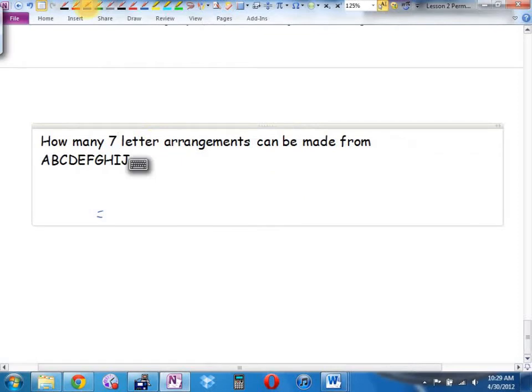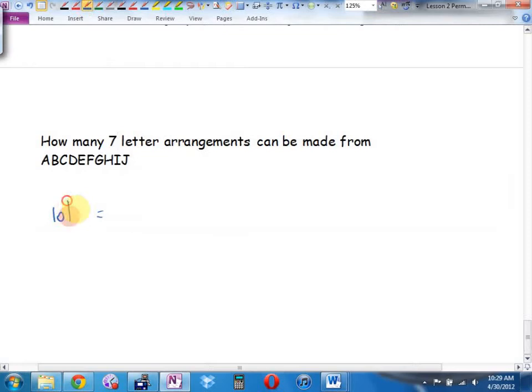I would write this as, from 10 letters, permutate 7. It's going to be 10 factorial all over 10 minus 7, or 3 factorial. Or 10, 9, 8, 7, 6, 5, 4. Is that 7 letters? Yep.